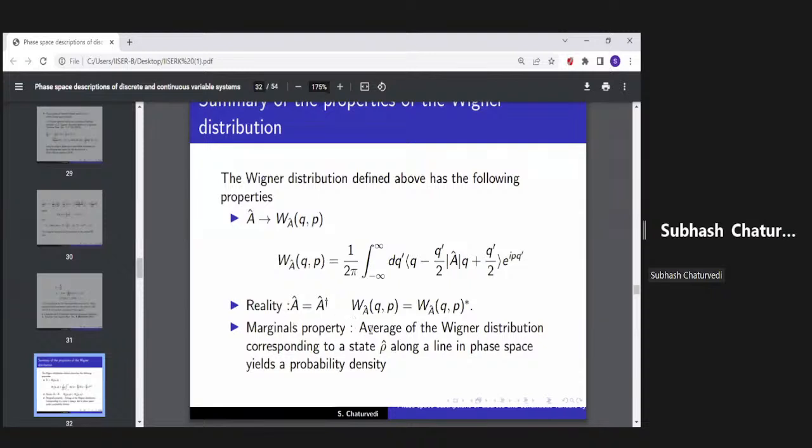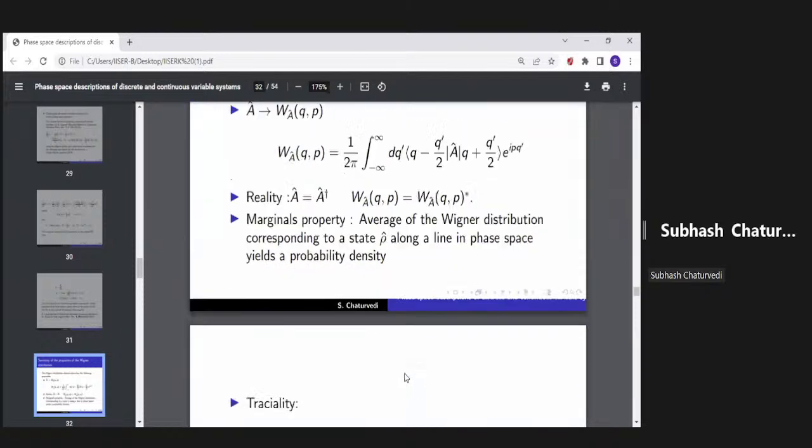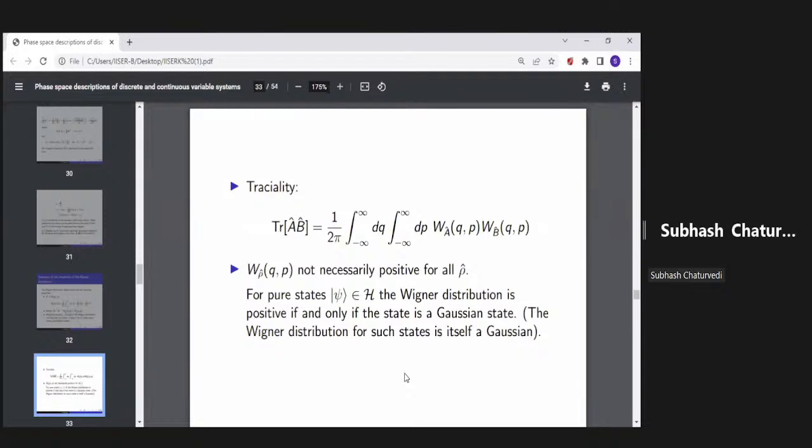The marginal property: the average of the Wigner distribution corresponding to a state rho hat along a line in phase space yields a probability density. And then the most important property, which is traciality: the trace of A hat B hat is given by the phase space average of the corresponding phase space distributions.